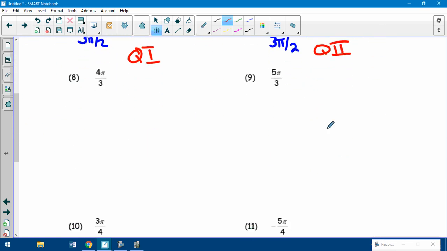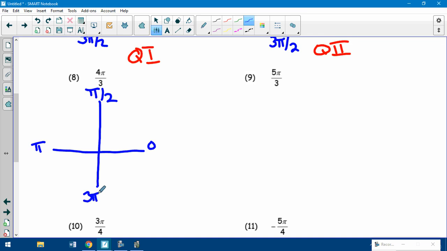So let me do that with these next couple. 4 pi over 3. So this is 0, pi over 2, pi, 3 pi over 2, and 2 pi. Remember to label those every single time. Think about it for a second. What quadrant do you think you're in?